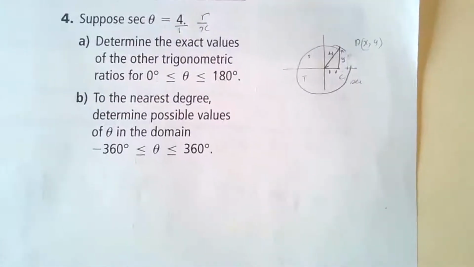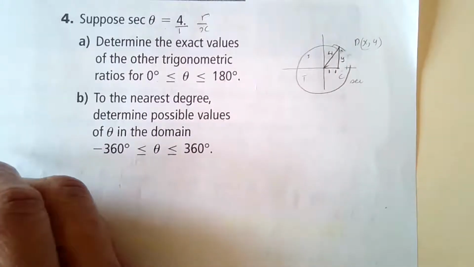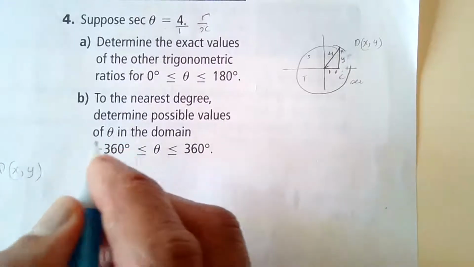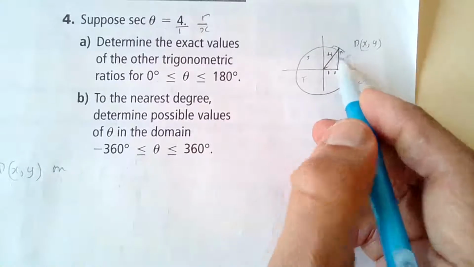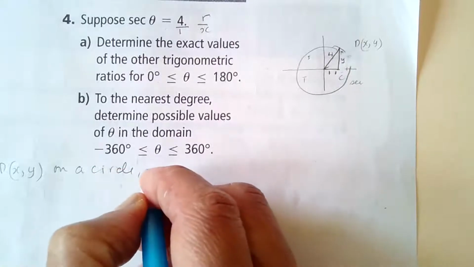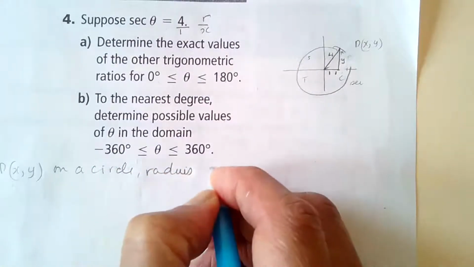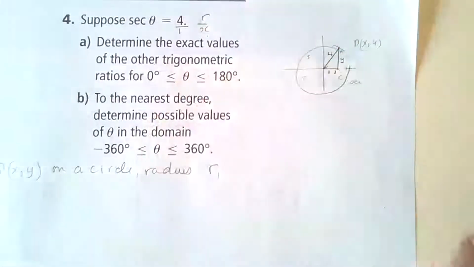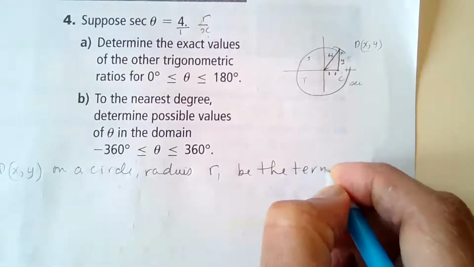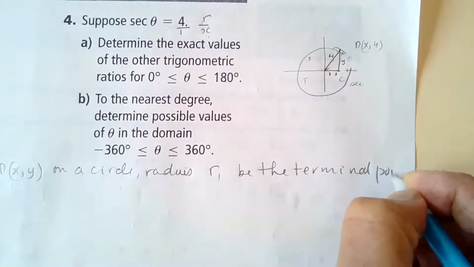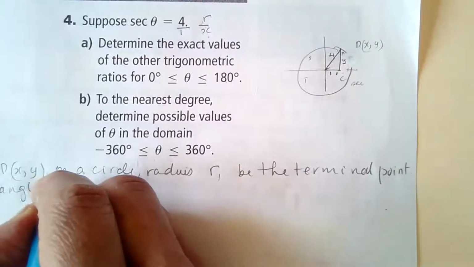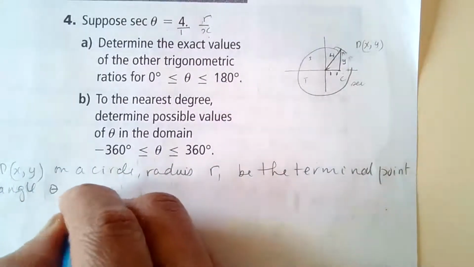So if you were to write out this question, step 1, let P(x, y) on a circle with radius r be the terminal point of angle theta in standard position.